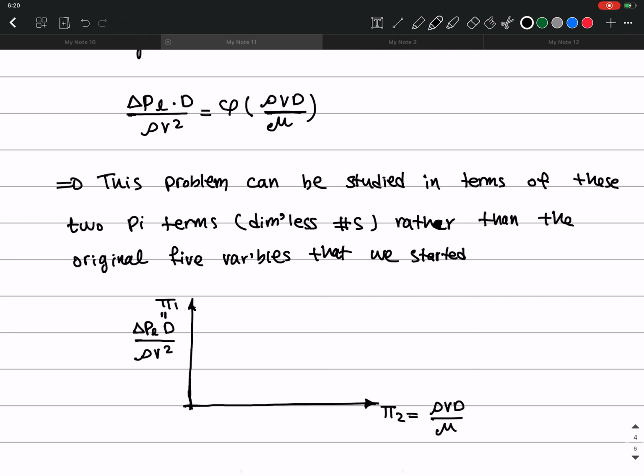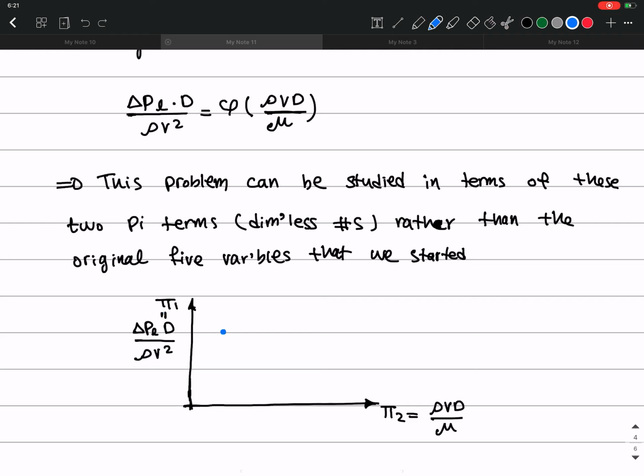Okay, so if you do it in the lab, you measure the density of that fluid, the velocity of that fluid, the pipe diameter, the viscosity of that fluid, and then you also measure delta PL, the pressure drop, in two sections. And then based on that, you measure for different velocities, say, and you will find different pressure drops, okay?